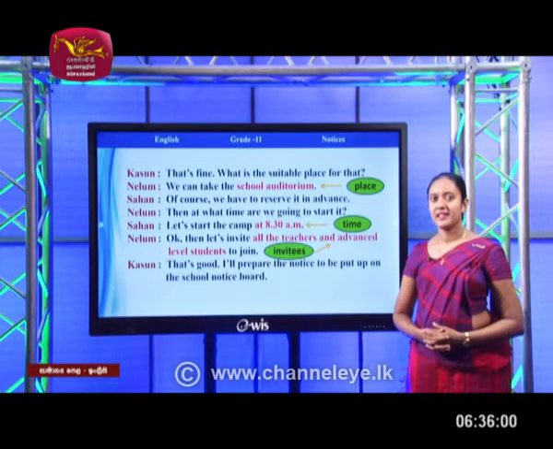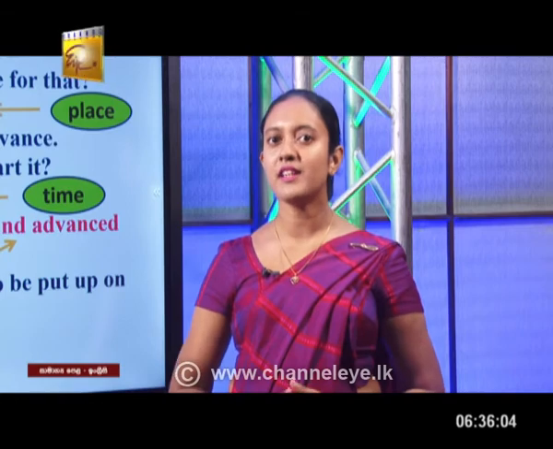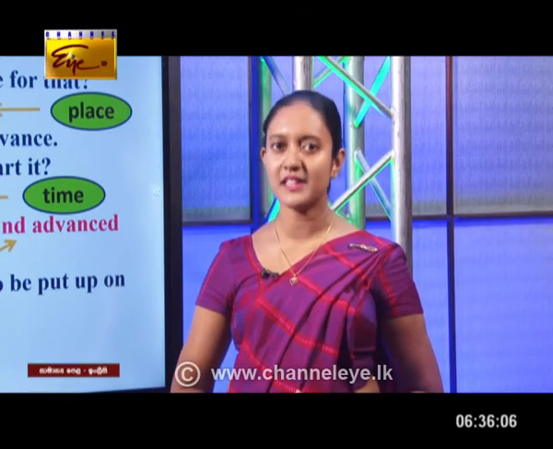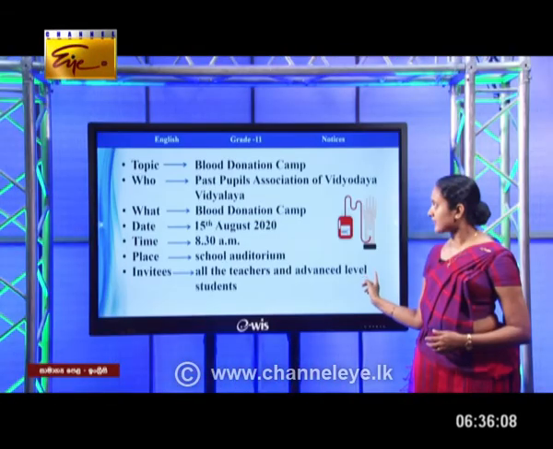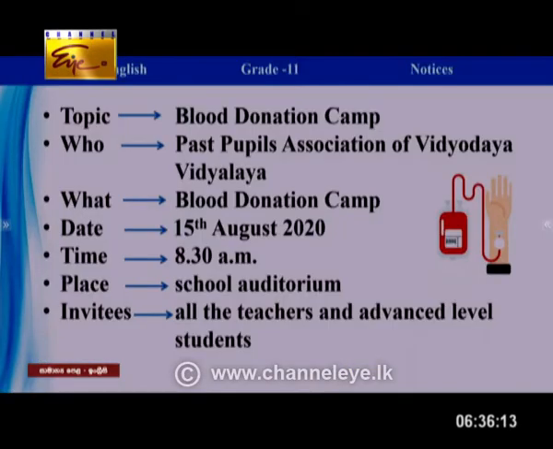Okay, children. Now, once again, let's see what are the important facts we got from the conversation. Here, the topic is blood donation camp. Now, who is organizing the event? Past Pupils Association of Vidyodaya Vidyalaya. And what is the event which is going to be held? Yes, it is blood donation camp.